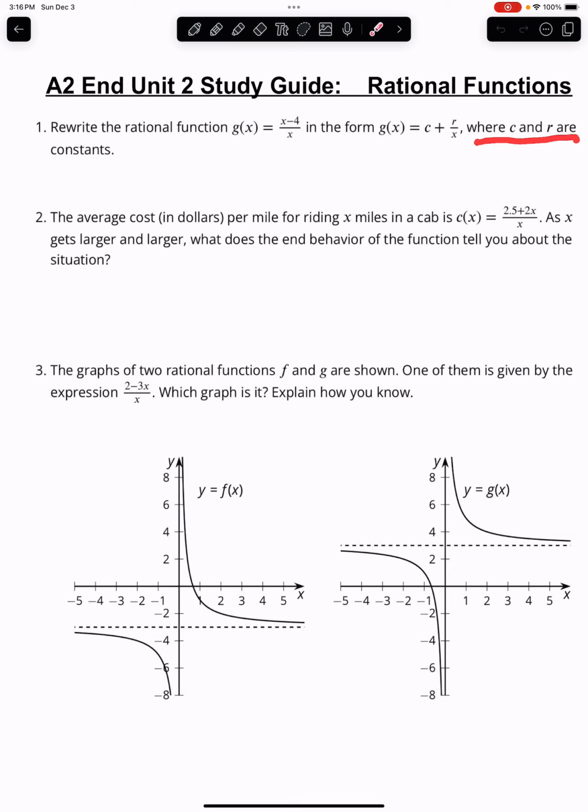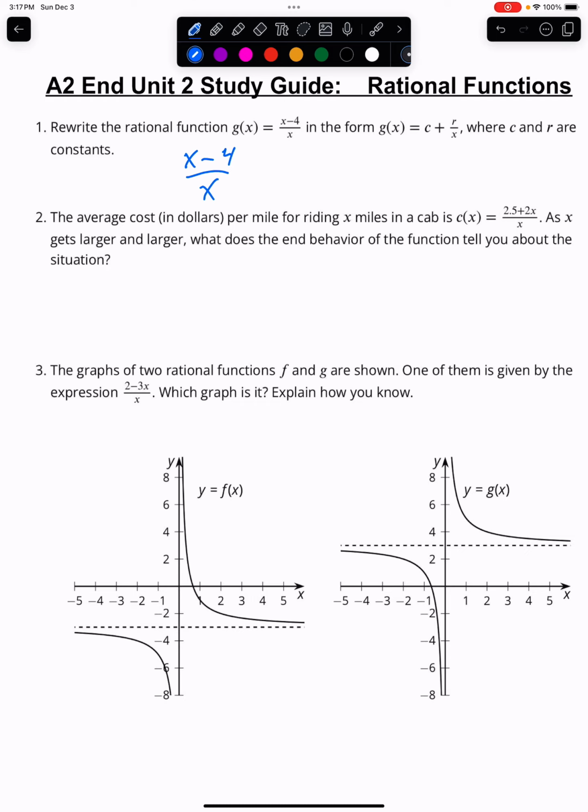They're saying C and R are constant values because there's not going to be a variable in our remainder of negative 4 right here. All right, let's rewrite this thing here. We got x minus 4 in the numerator, x in the denominator.